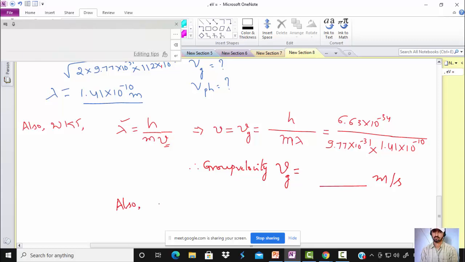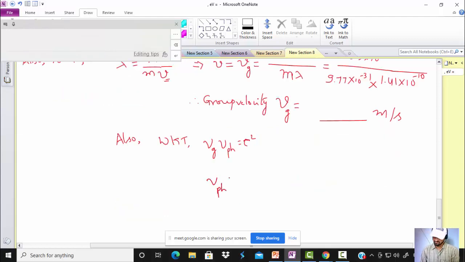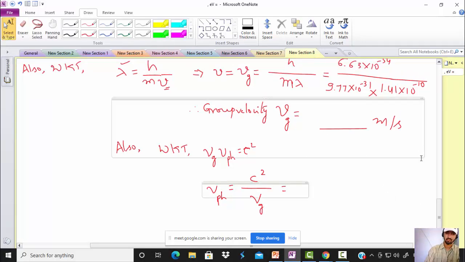After that, you find out the phase velocity with the known equation, that is Vg into Vph equal to c square. Vph is equal to c square divided by Vg. You calculate this. Okay, please update this.